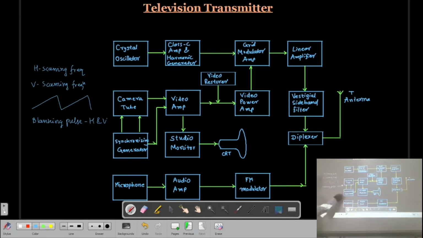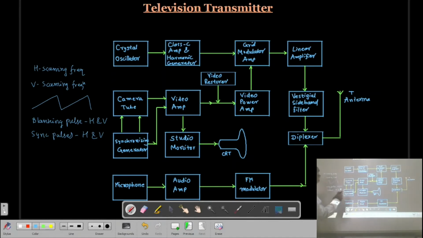And then the synchronizing generator is also generating sync pulses, horizontal and vertical sync pulses. So a number of pulses are generated by the synchronizing generator. There are a number of oscillators, multivibrators, and clipping circuits.